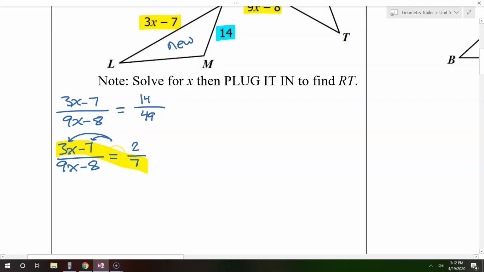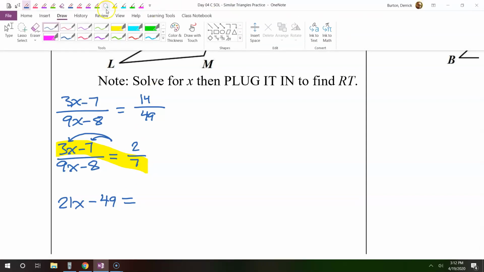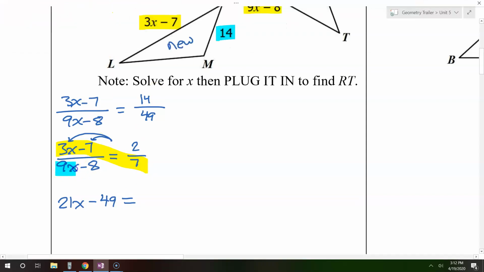So I'm going to do 7 times 3 and 7 times 7. And because I reduced, this is something I can do in my head, and I'm less likely to make a mistake. So 7 times 3x is going to be 21x, and then 7 times 7 is 49, so that'll be minus 49.